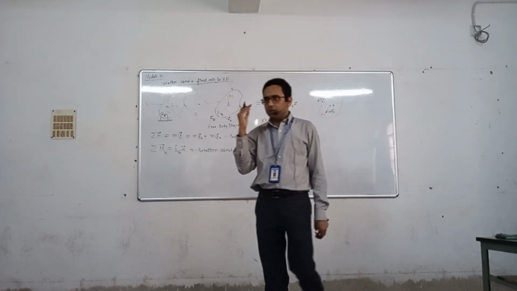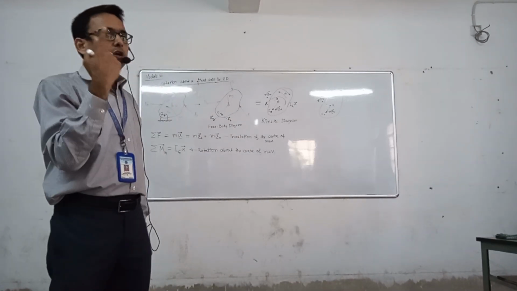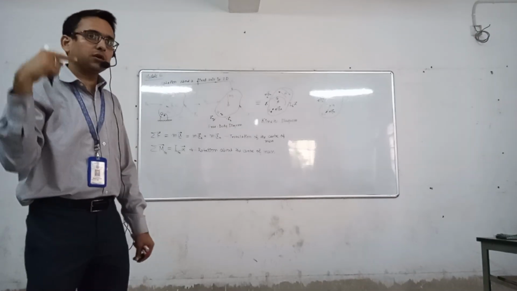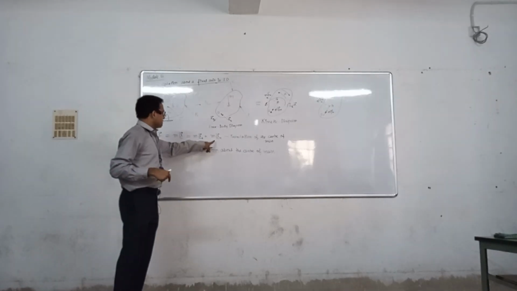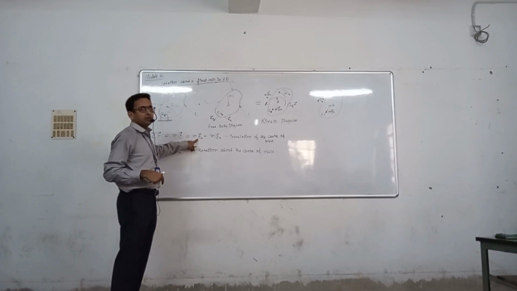Try to understand. In this diagram we have only two components of the force. One is the normal component, another is the tangential component. So the normal component is causing a normal translation, and this will cause a tangential translation.